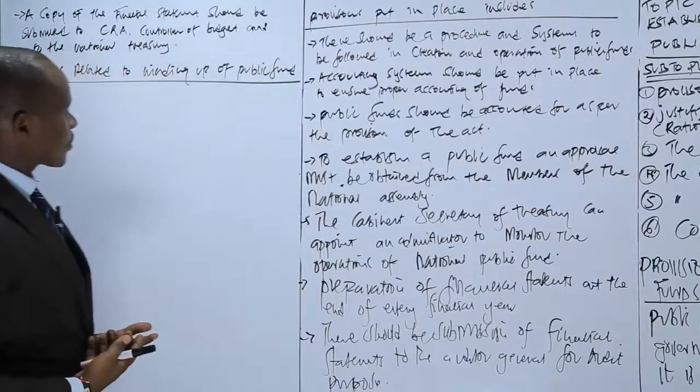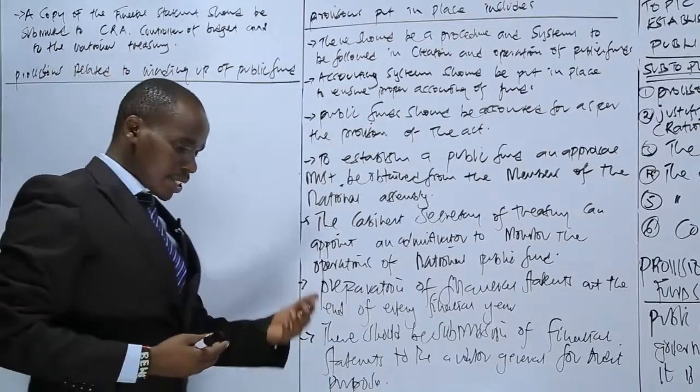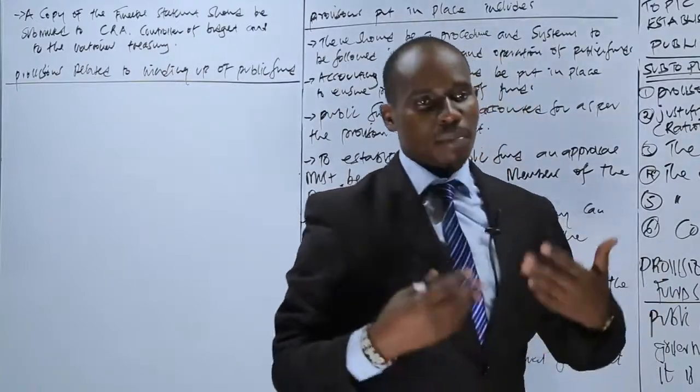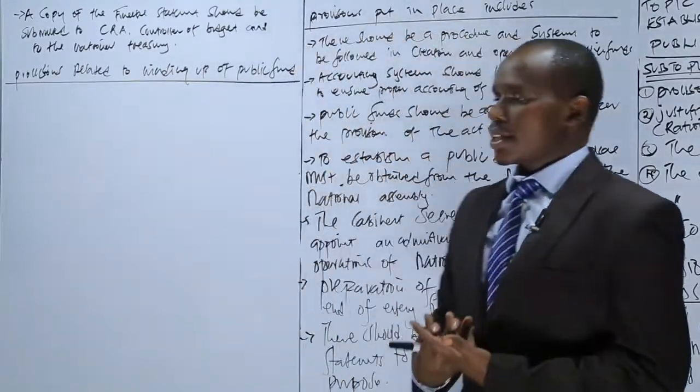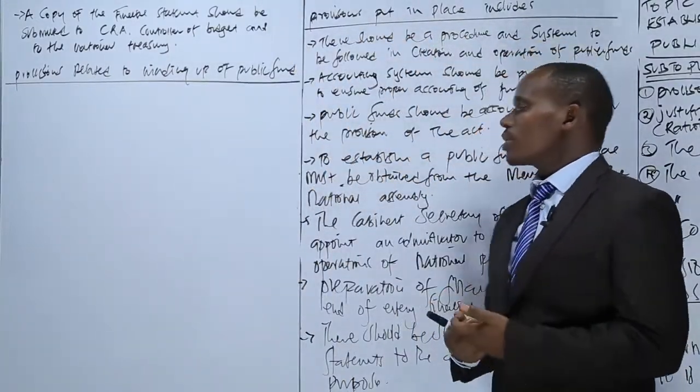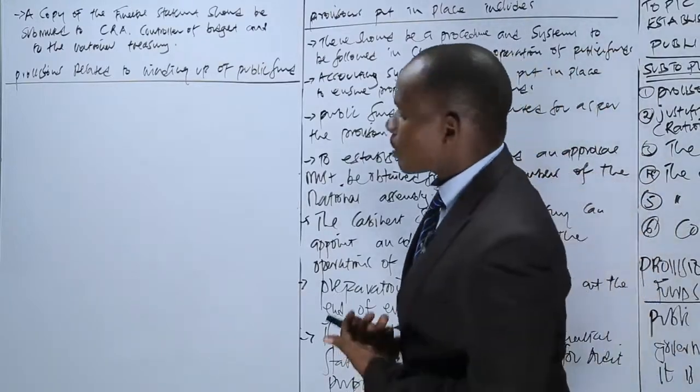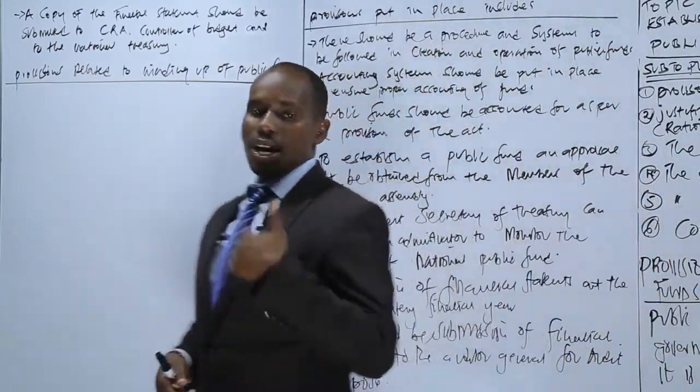The law says the cabinet secretary has power to wind up a public fund, but he cannot do that on his own. We expect to get an approval from the members of the National Assembly.